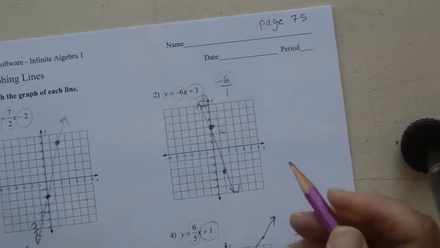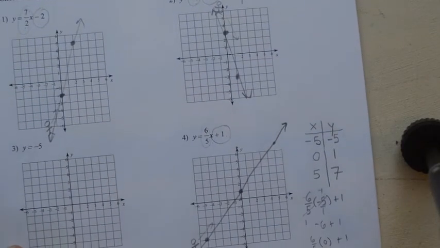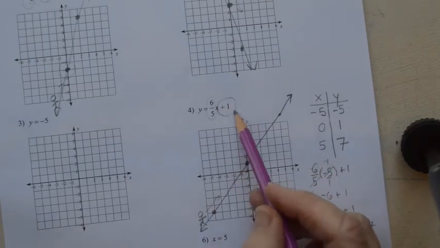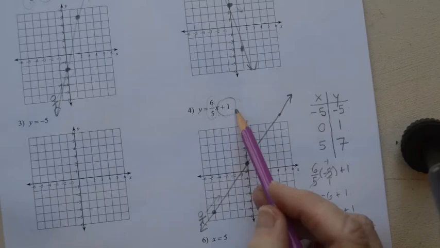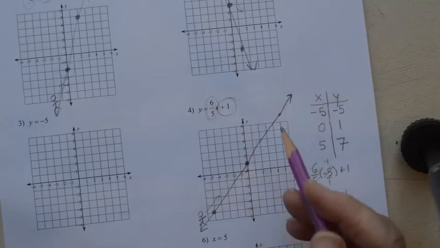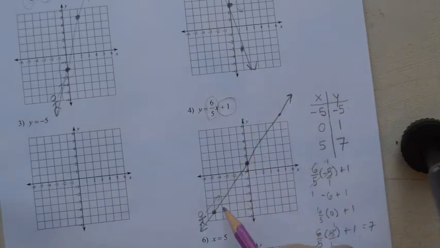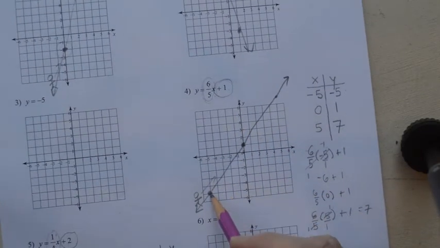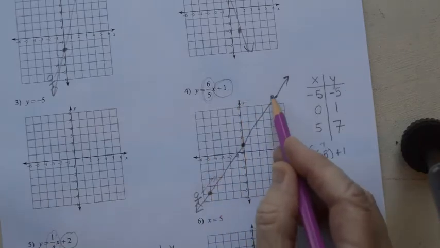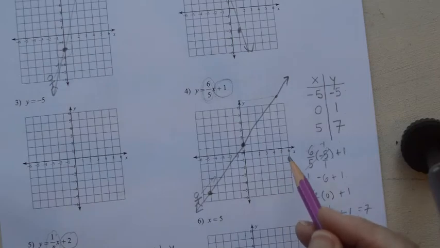So we'll practice with that more as we go through these, but I just wanted to point that out to you so you can start paying attention to it and recognizing that this is going to be our y-intercept, and then this tells us a path to travel to get to any other point on the line. I could have also started down here and done rise 6 and run 5. That would get me to that. Rise 6, run 5. It works from any point you are on the graph.